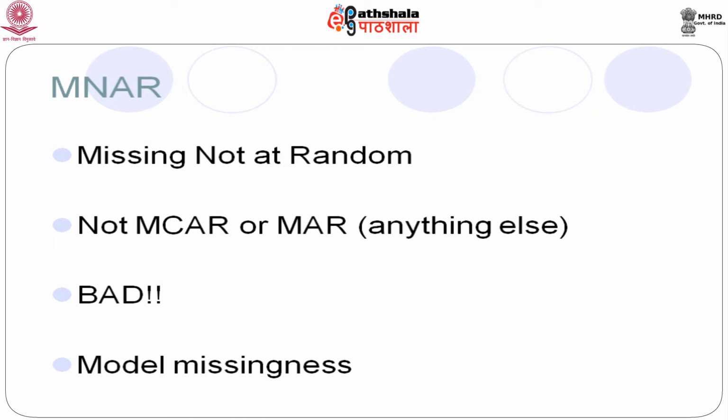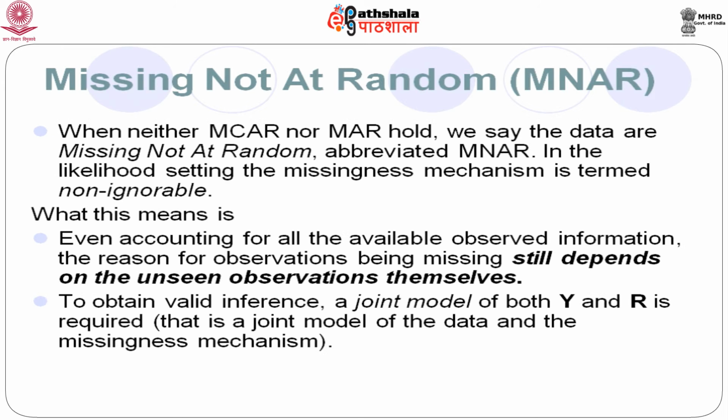And finally, the other one is MNAR, missing not at random, which is not MCAR and not MAR. So, pretty bad. Modeling missingness is also another issue for consideration, but the missing not at random situation is quite complicated.